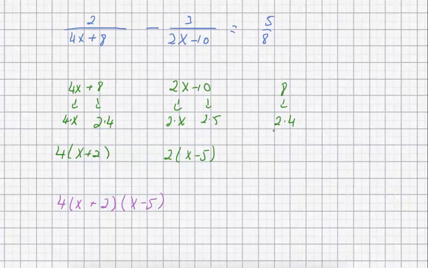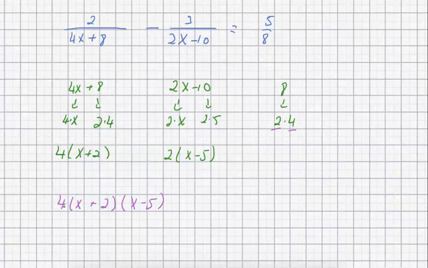Yeah, and here we have 2 and 4. So we don't need to do anything. Yeah, so this is where it's a bit tricky. We have here 2 and here 4. The 4 exists here, but that 2 doesn't exist there.